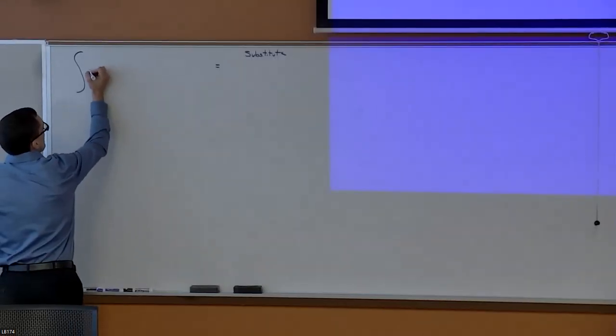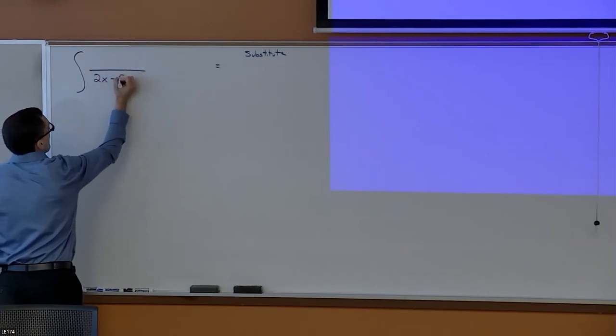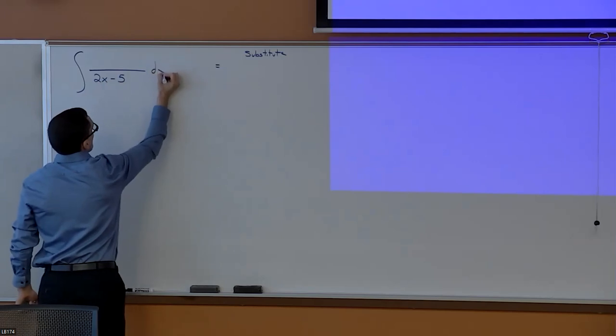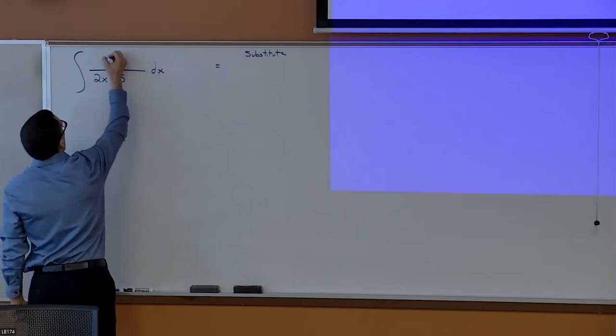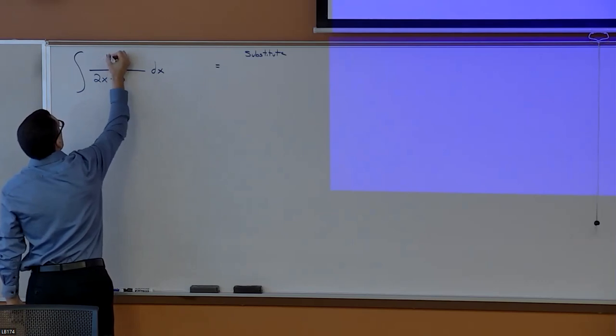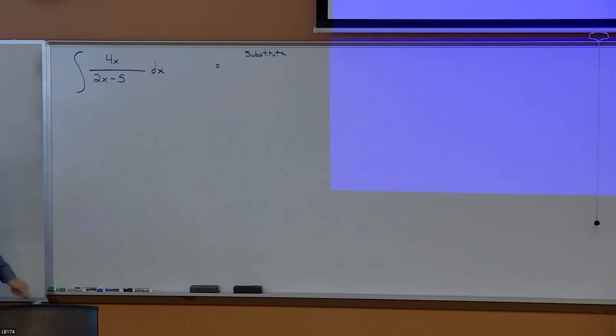So let's say we have 2x minus 5 in a denominator, and 4x in a numerator.